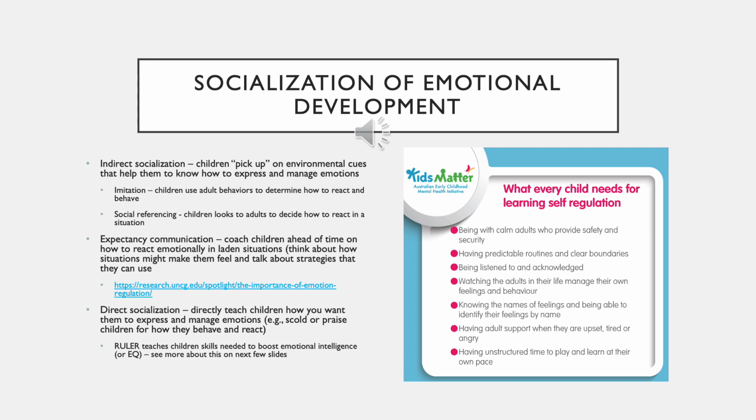So one way that adults can help children to build their emotional skills is to indirectly socialize them. Children pay attention to the kinds of things that we're doing. They pick up on the ways in which adults around them are expressing, managing, understanding emotions.